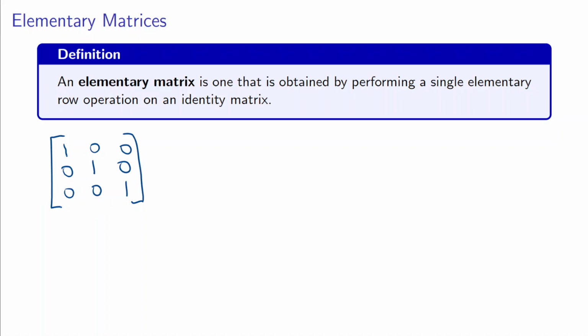One of our elementary row operations is interchange. So for example, we could interchange rows 1 and 2, and we would get an elementary matrix, 0, 1, 0, 1, 0, 0, 0, 0, 1. So this is an example of an elementary matrix. Maybe we would call that E1.